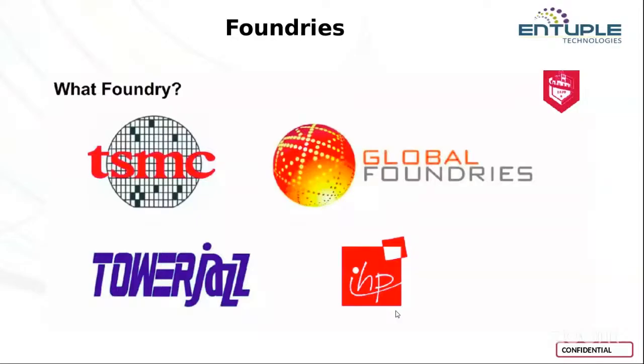Then we have GlobalFoundries, then Tower Jazz will be there, then we have SK Hynix, and Intel as well as Samsung will be there. Philips will be there, and Infineon will be there. So we have so many companies manufacturing ICs as foundries.